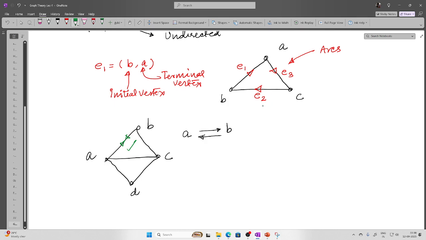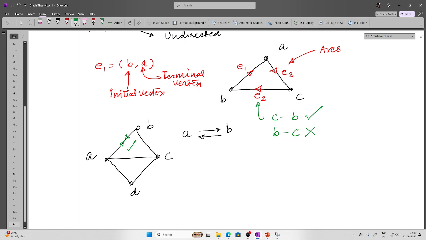Whereas if I am interested in going, sorry, this is C, from C to B via edge E2, then I am permitted to do this. Whereas if I want to come back from B to C via edge E2, then this is not permitted.